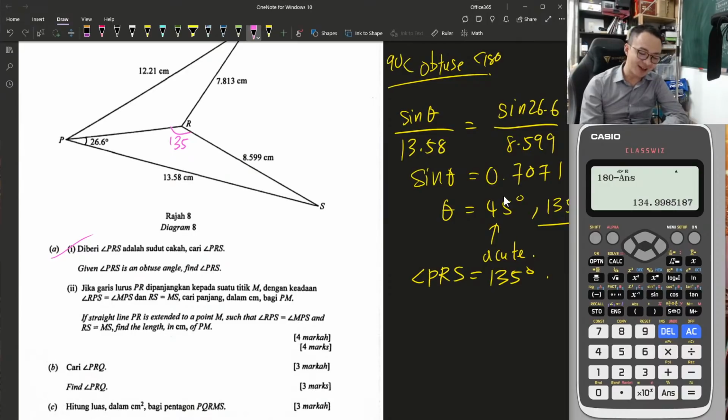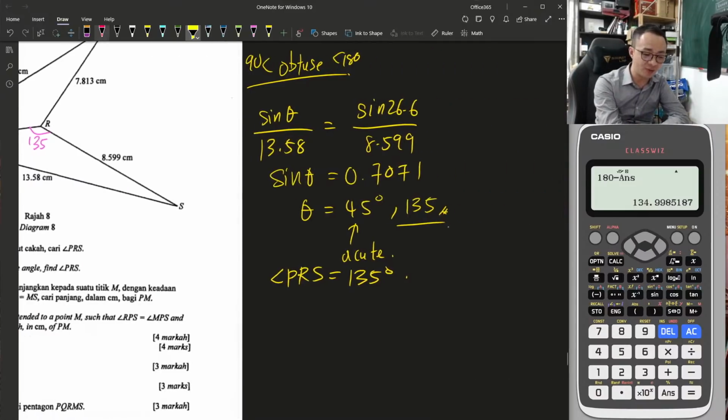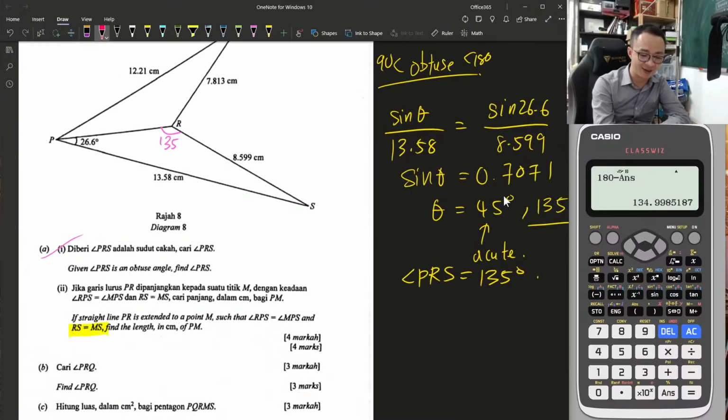If PR extends to M, such that the angle remains the same, RPS and MPS. And yeah, I would say this one is an important one. The RS and MS must be the same length. So I would just assume, okay, right now I'm going to extend until it looks like the same here. My M. RS and MS, they will look like the same length.